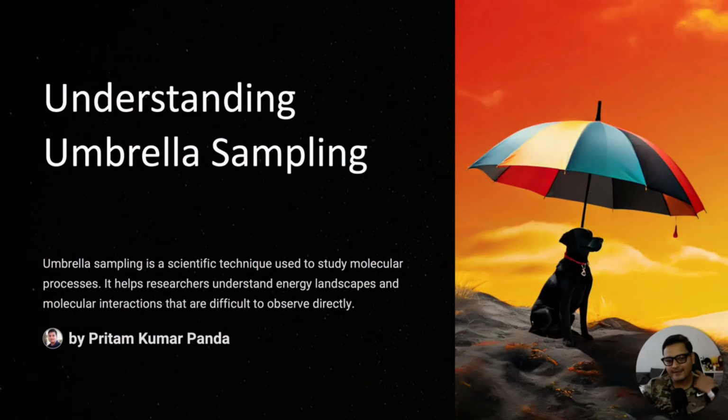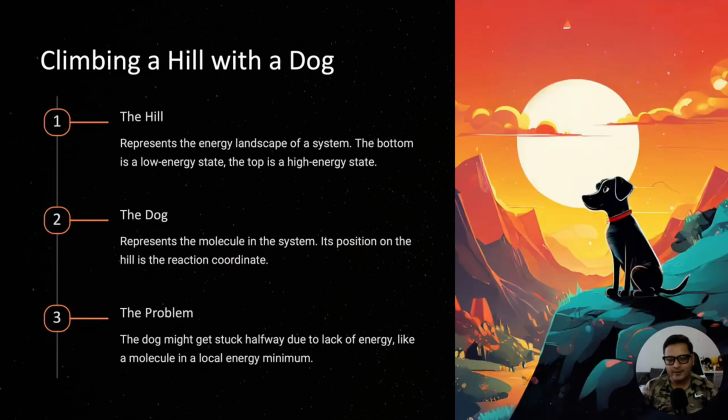To understand umbrella sampling, let's take an example of a dog walking up the hill. Let's imagine that you are with your dog and you want to climb a hill with your dog. The hill represents the energy landscape of the system.